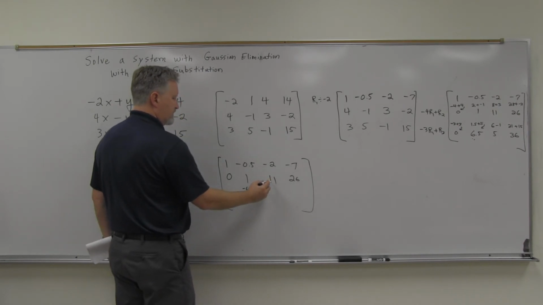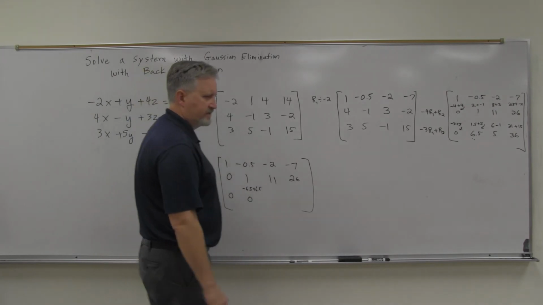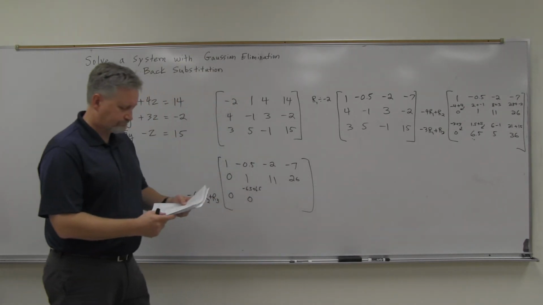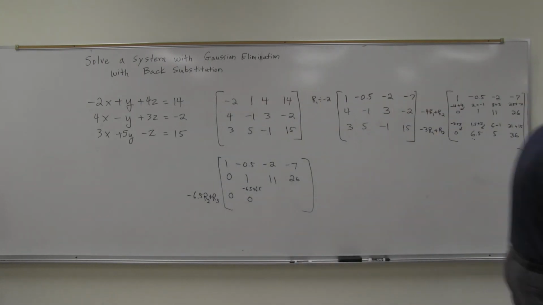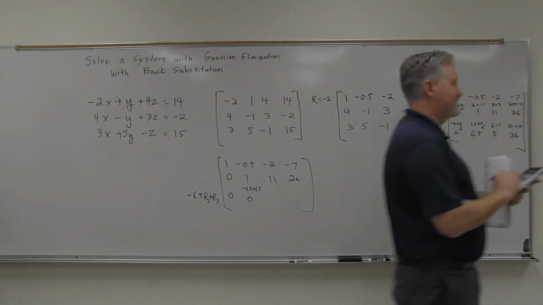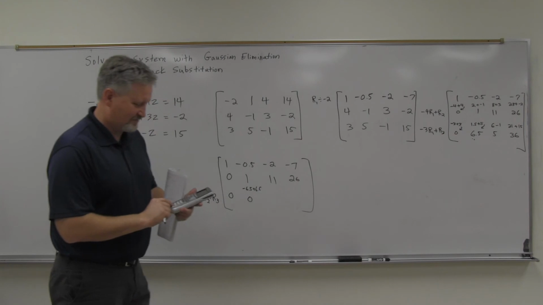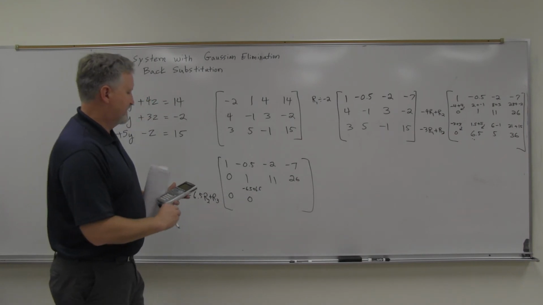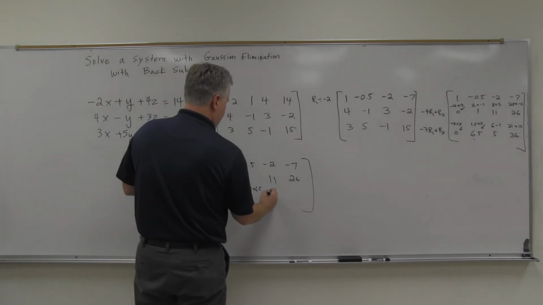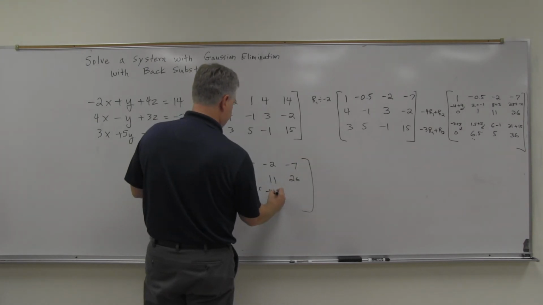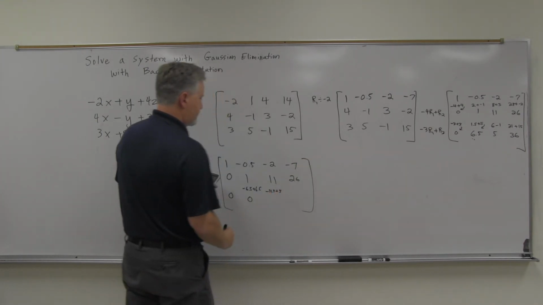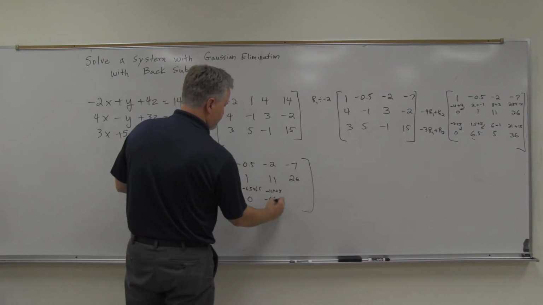Let's see. Negative 6.5 times 11. What is that? That's something. Negative 6.5 times 11 is negative 71.5. And add that to 5. It's negative 66.5.